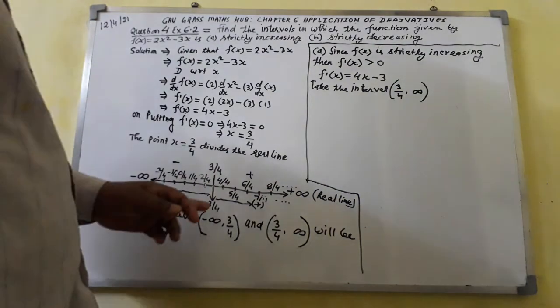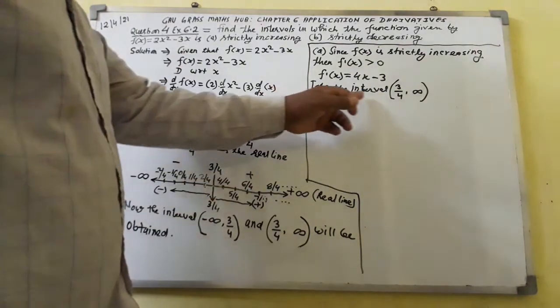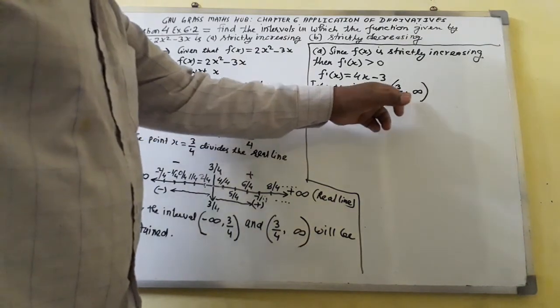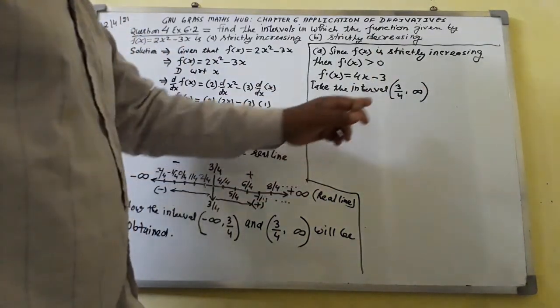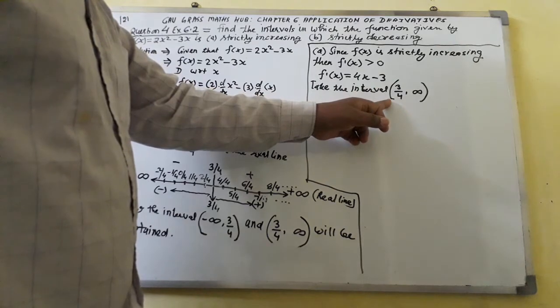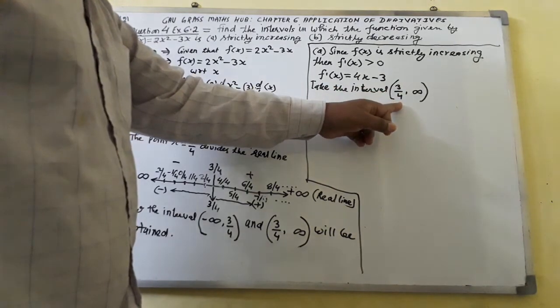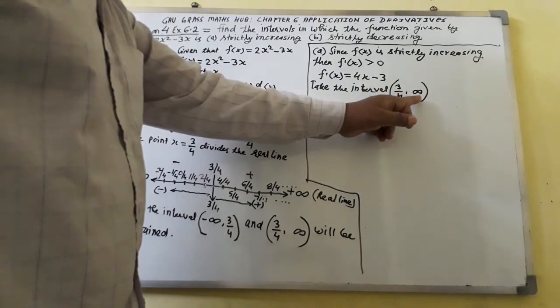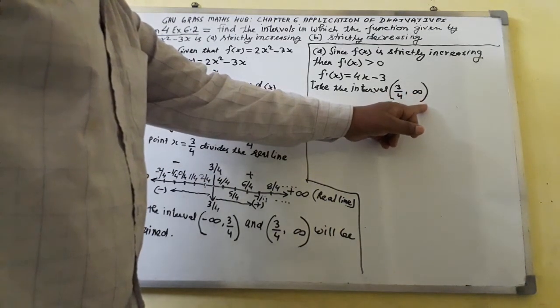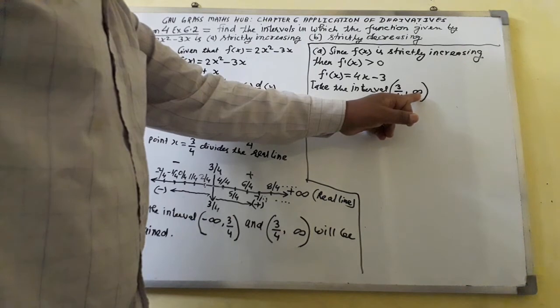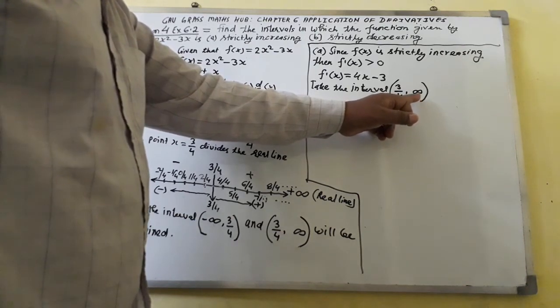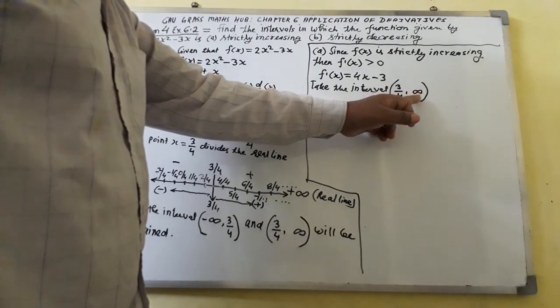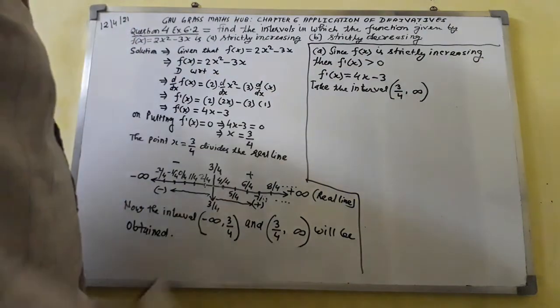So here take the interval open interval 3/4 comma infinity. The interval is open, so 3 over 4 will not be taken into account, and infinity will also not be taken into account.